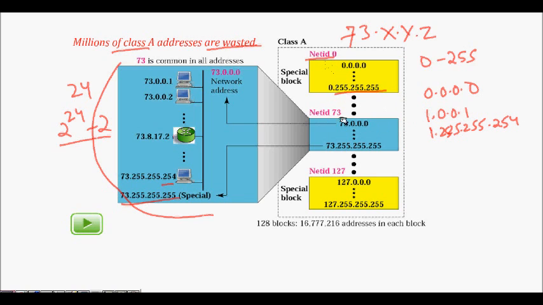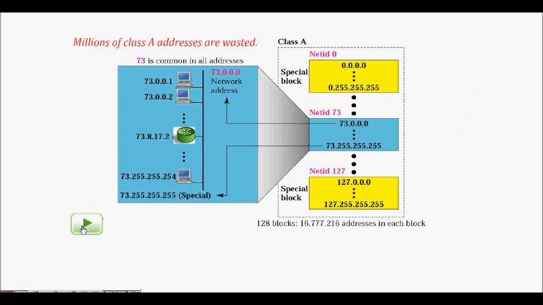And this goes till net ID 127, okay, because in class A we said that your first bit is always 0. So now the rest of the 7 bits you can vary. So there are 2 to the power of 7 networks in class A, which is 128. So it varies from 0 to 127. Okay, let's proceed further.